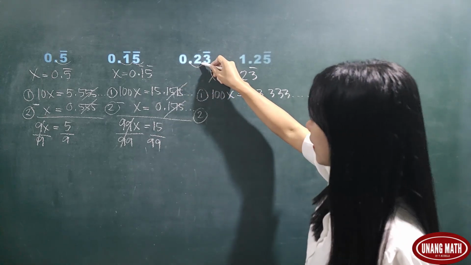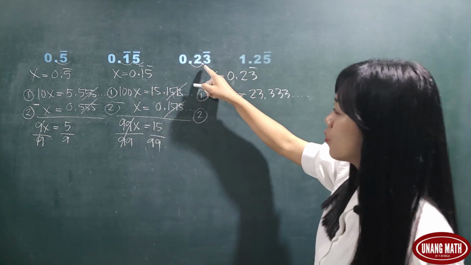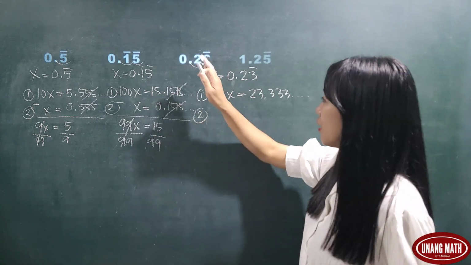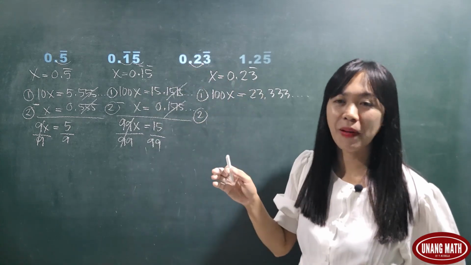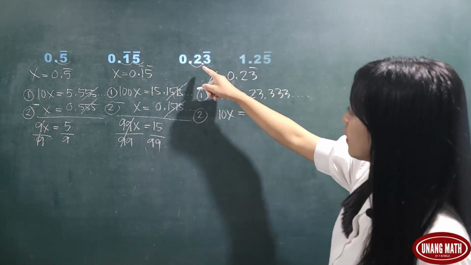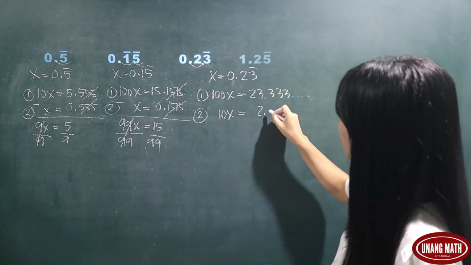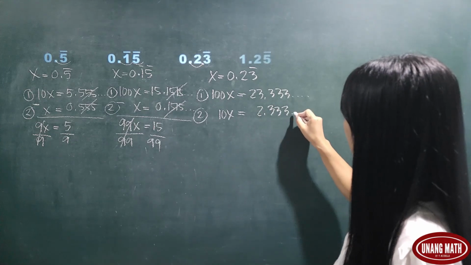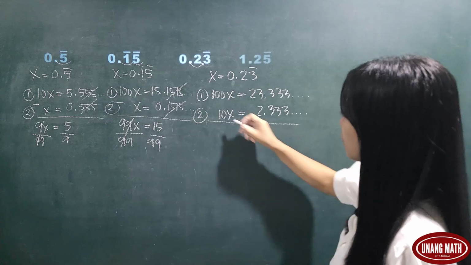And for our second equation, okay, we have to put this repeating digit on the right side of this decimal point. So that means we will move 1 time to the right. So moving 1 time to the right is multiplying by 10. So this is 10x is equal to 2.333 repeating. Okay, let's subtract.